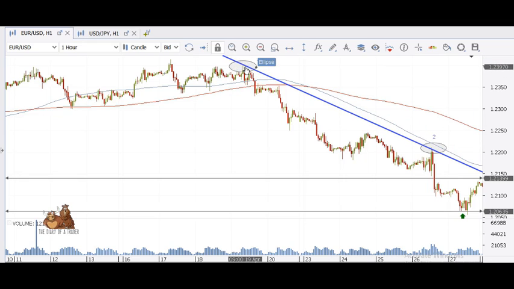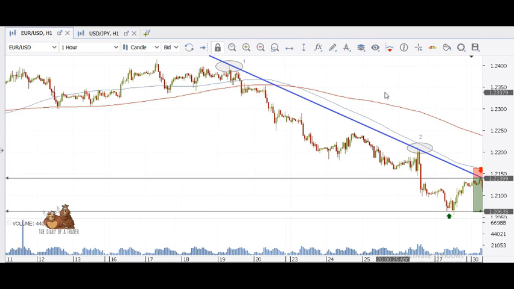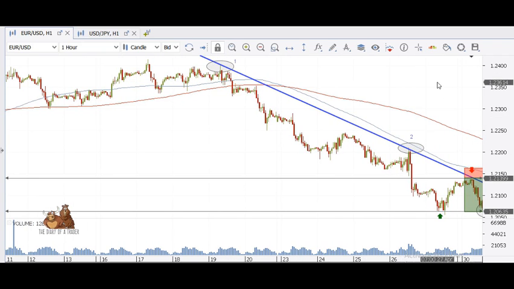And what's important here is that between these two touches, 1 and 2, we don't have any break of the trend line. So the trend line needs to have at least two touches that we can connect, and then as soon as the third touch happens, we are actually looking to enter into the trade. So the third touch should be the first opportunity to enter into the trade and play the trade against the trend line.